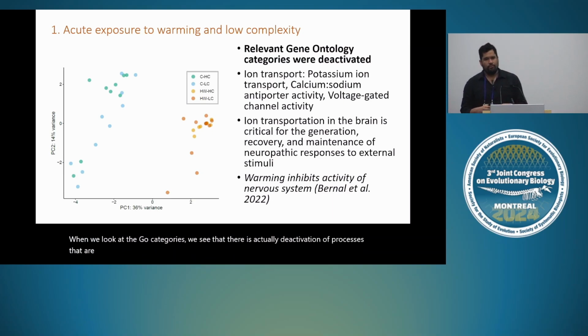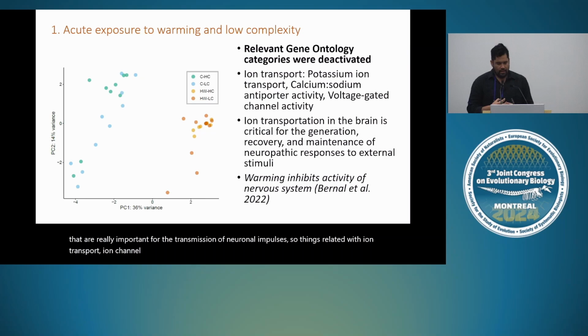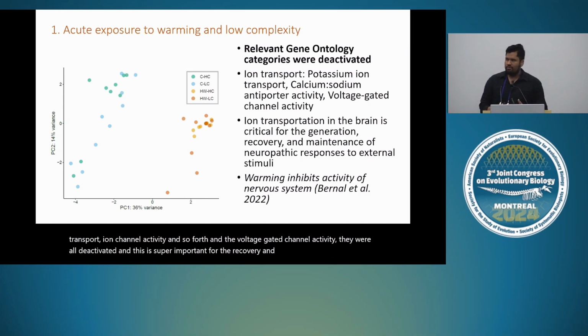So things related with ion transport, ion channel activity, and so forth, and the voltage-gated channel activity, they were all deactivated. And this is super important for the recovery and the maintenance of these sort of neuronal impulses.